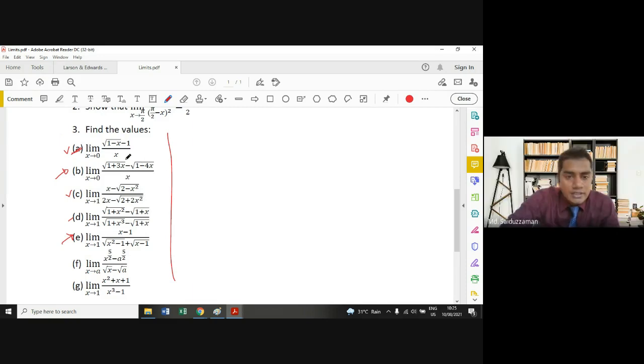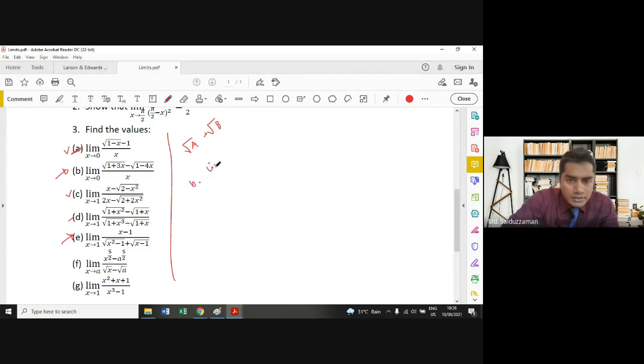So I have told you, if square root of something plus square root of something format happens in the numerator or the denominator, then I will multiply by its opposite. If it is minus, then I will multiply by plus.